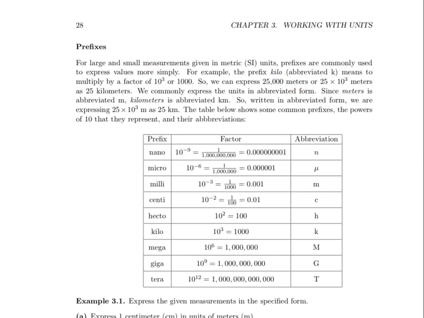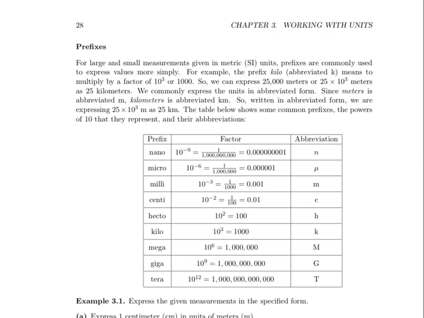We know from Chapter 1 that we can write 25,000 as 25 times 10 cubed meters. So instead of multiplying by 10 cubed, we can replace this factor of 10 cubed with the prefix kilo. So instead of saying 25 times 10 cubed meters, we would say 25 kilometers.